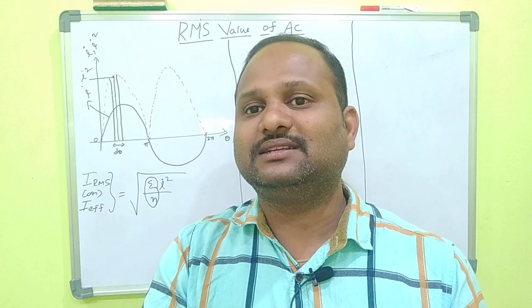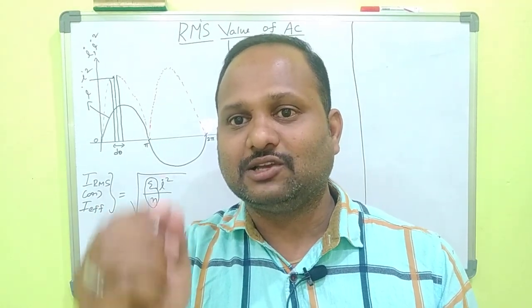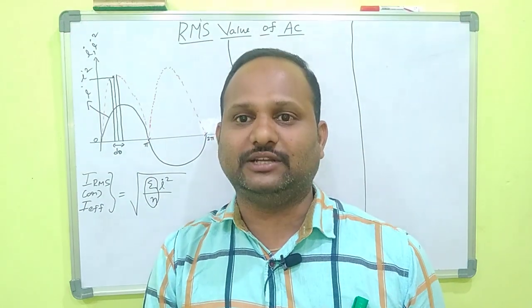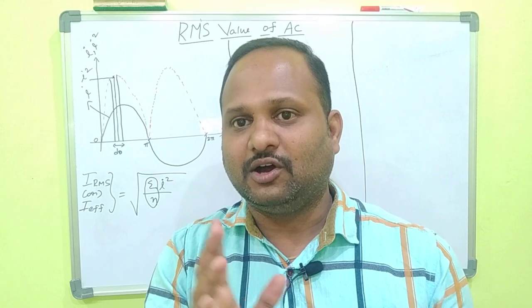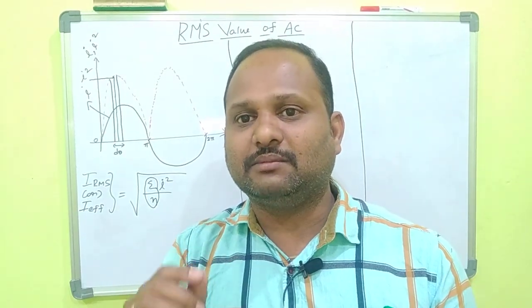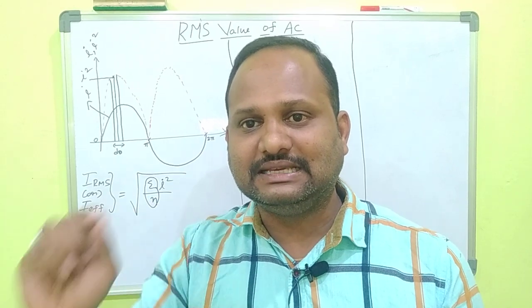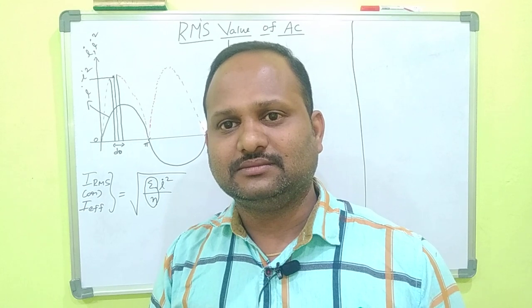So we can term the 6 ampere current the RMS current of the alternating current, the RMS value of alternating current, not voltage. The RMS value of the alternating current here is 6 ampere, because it gives the same work done.